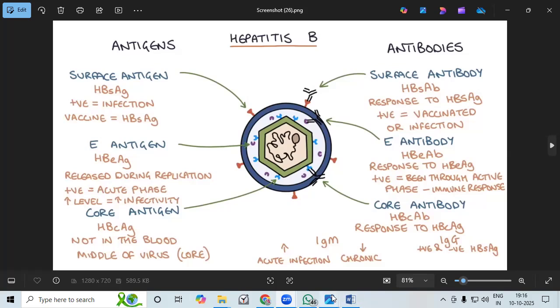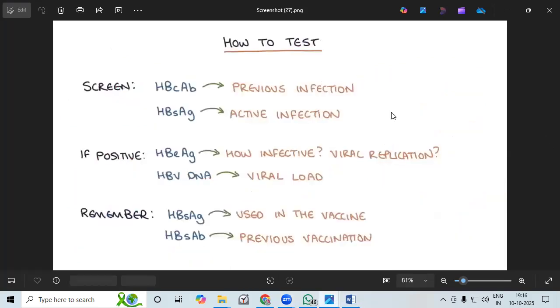Then we've got, so initially what we do is screening of any hepatitis B patient. Usually we check the anti-HBc antibody. This implies active infection. If there is a core antibody, means there might be some previous infection. It might be IgM or IgG. If this is positive, then we'll do HBe antigen.